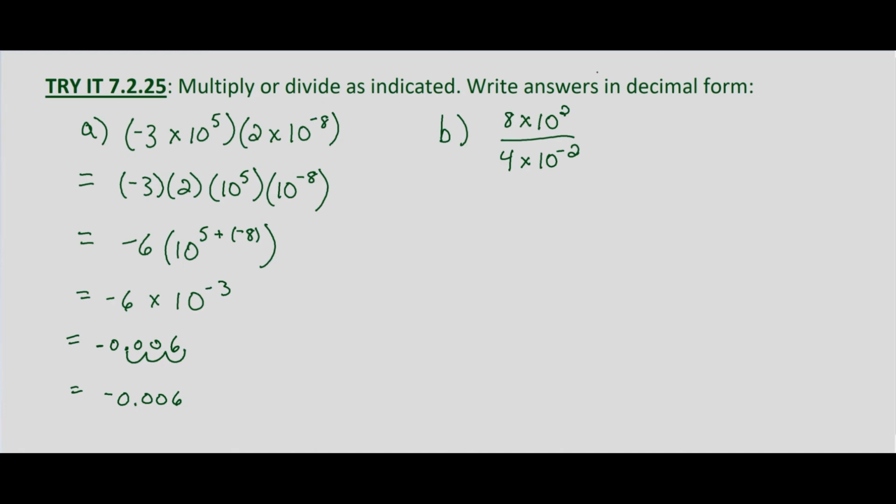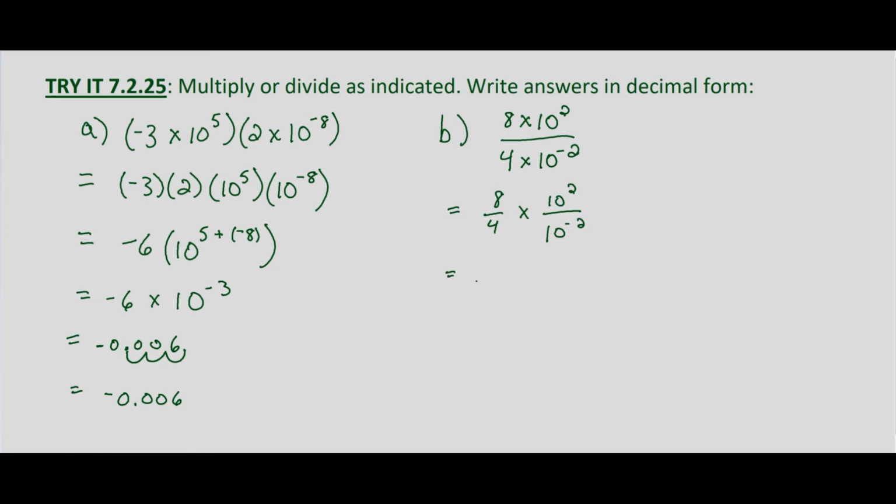Now with division, it's a similar process. We break it up into the different parts, the leading numbers and the powers of 10. So if we break this up, this is 8 over 4 times 10 squared over 10 to the -2.